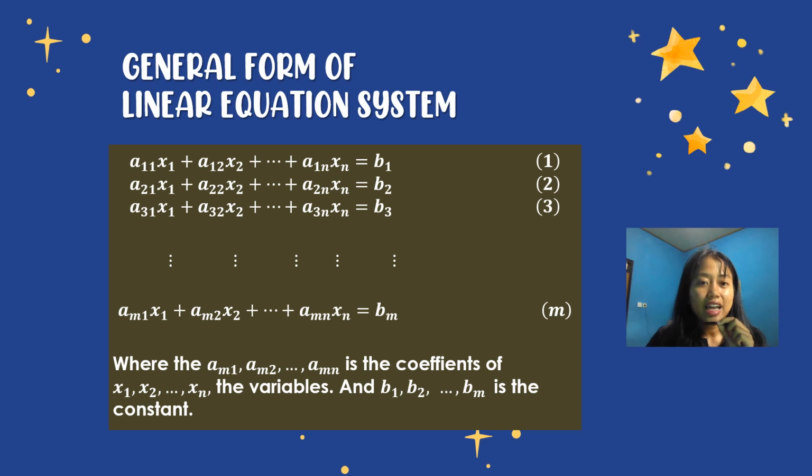Okay, in this slide, you can look at the slide, everyone. This is the general formula for a system of linear equation. A system of linear equation definitely consists of more than one linear equation, whether it's an equation of one variable, two variables, or three variables.